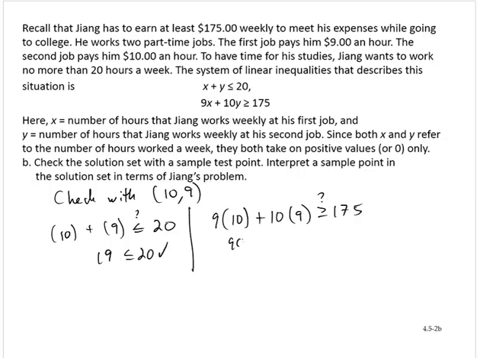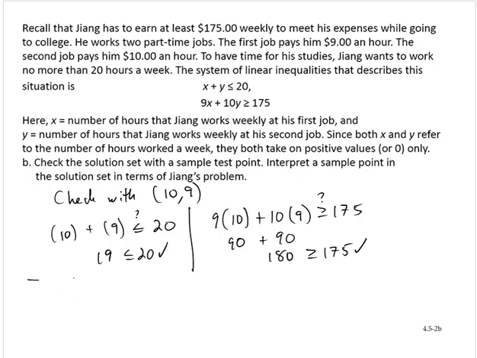Well, 9 times 10 is 90. 10 times 9 is 90. 90 + 90 is 180. Is that greater than or equal to 175? Yes. So (10, 9) is a specific point that satisfies both inequalities, and it is in the solution set.